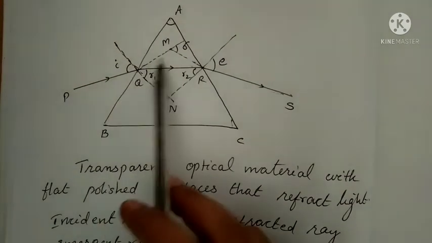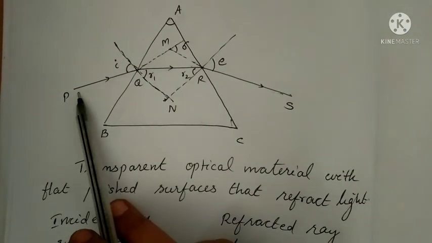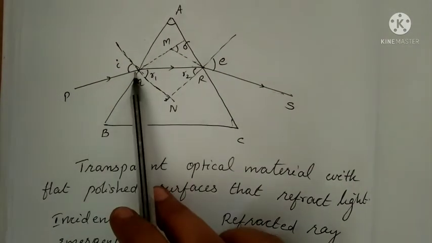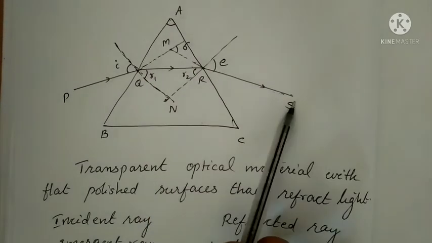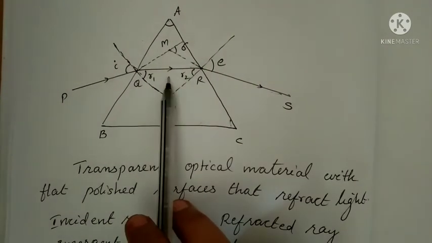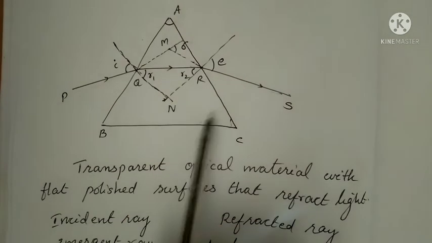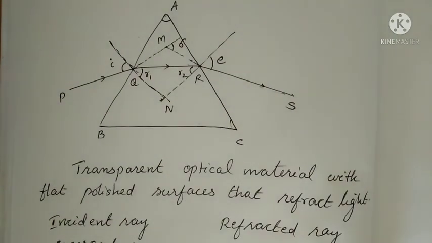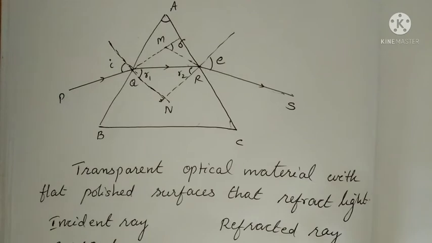So this is about the prism and how the ray is refracted and emerges out of the prism, or how the refraction of light takes place inside the prism. Now let us derive the expression for the angle of deviation, then the refractive index of the material of the prism, etc.